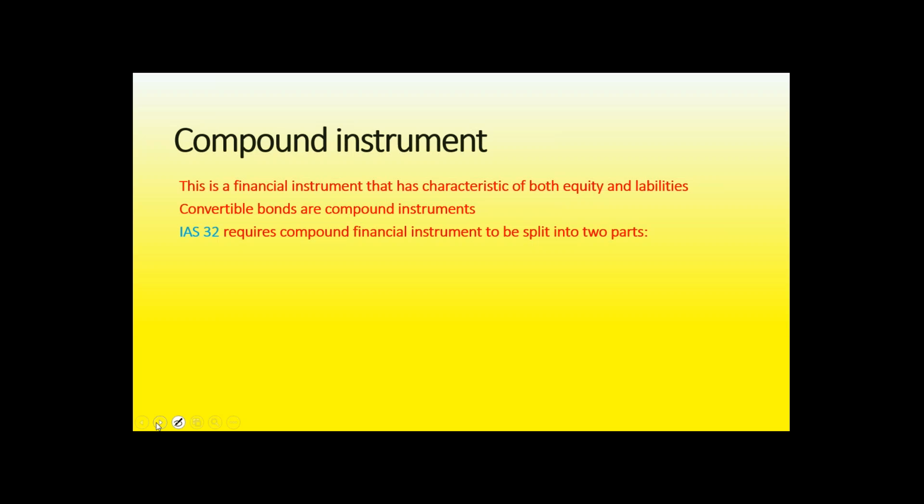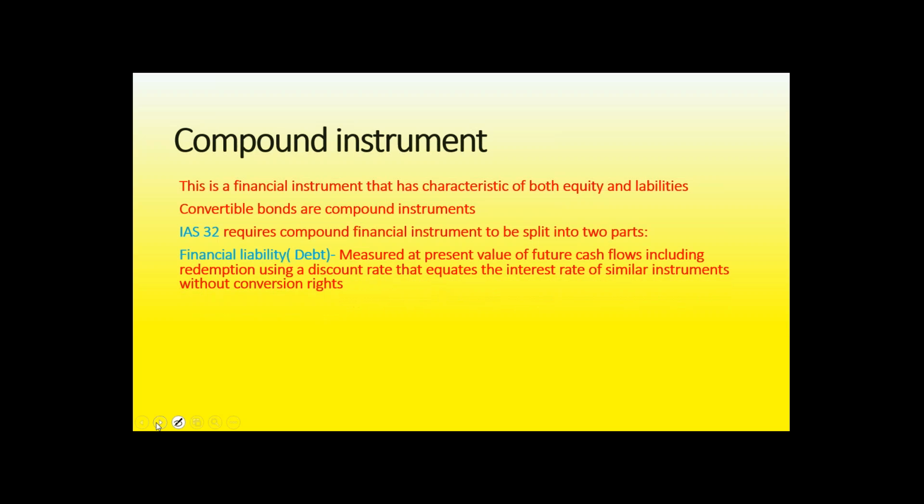So IAS 32 requires compound financial instruments to be split into two parts: the financial liability, which is measured at the present value of future cash flows, so all that you are going to pay, including the redemption, using a discount rate equal to the interest rate of a similar instrument without conversion. So we don't use our coupon rate, because our coupon rate includes the conversion.